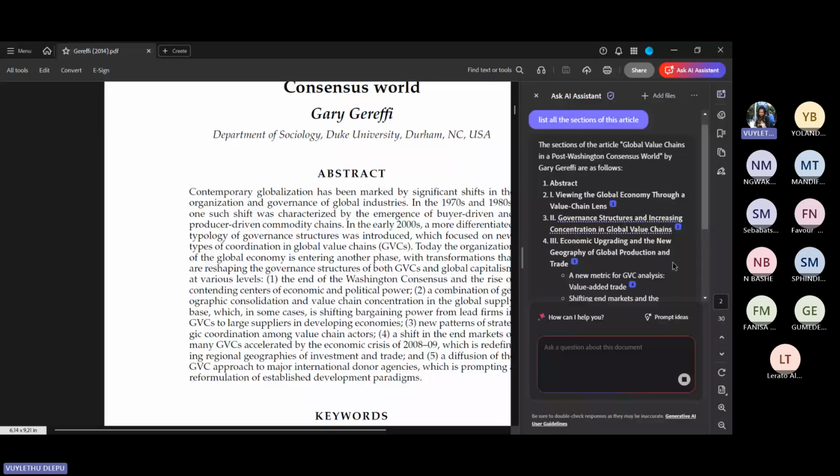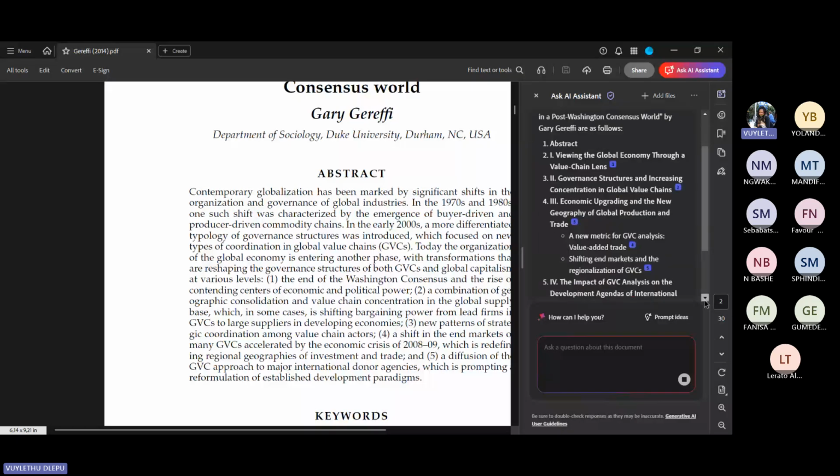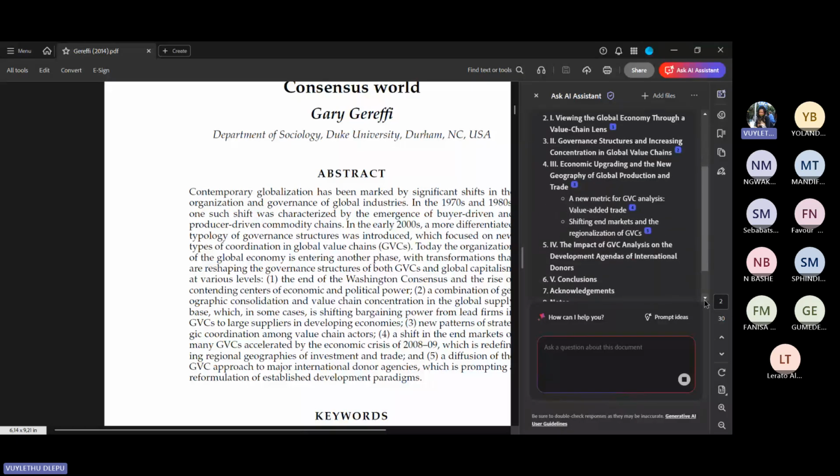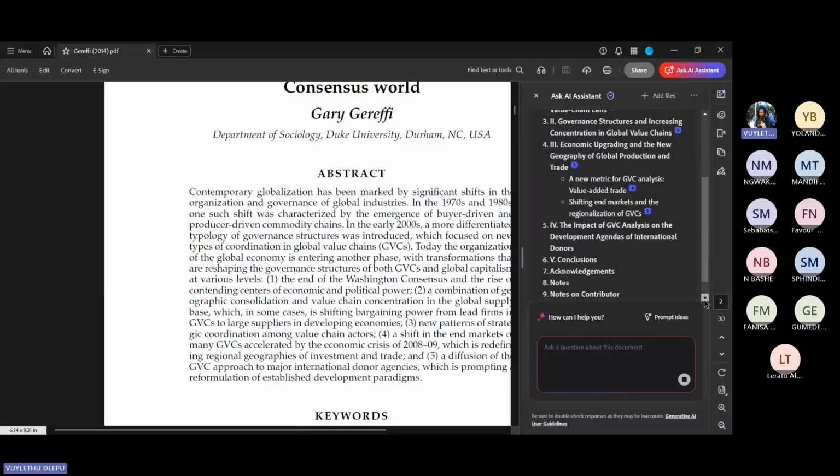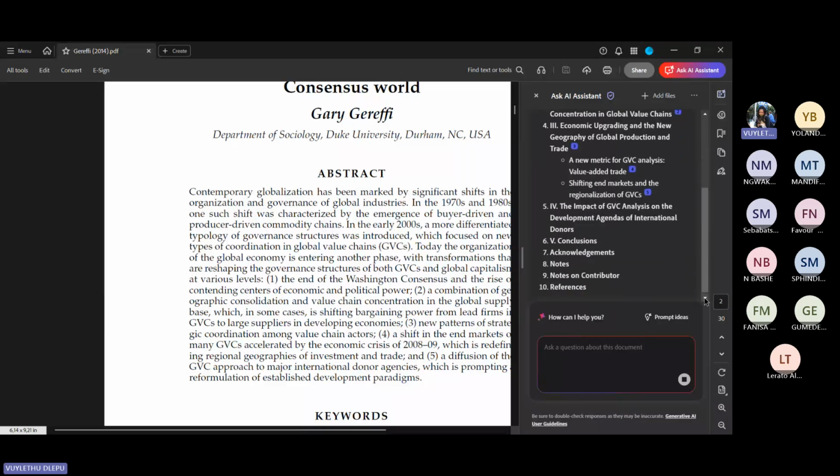Okay, so here it talks about viewing the global economy through value chains, governance structures, and increasing concentration in global economic upgrading and the new geography of global production and trade, the impact of GVC analysis on the development agendas of international donors. Okay.